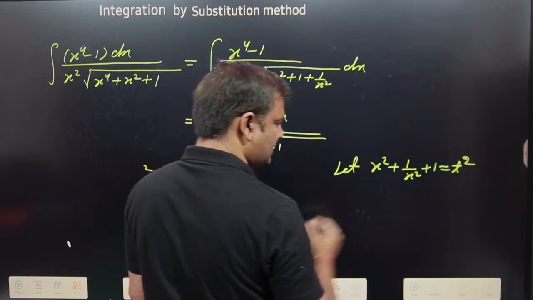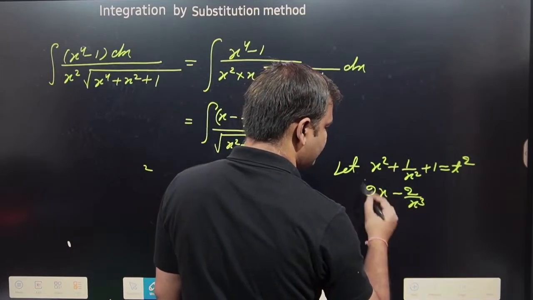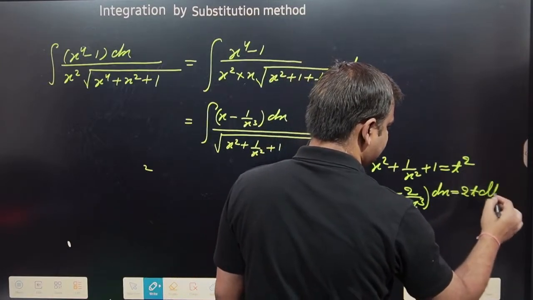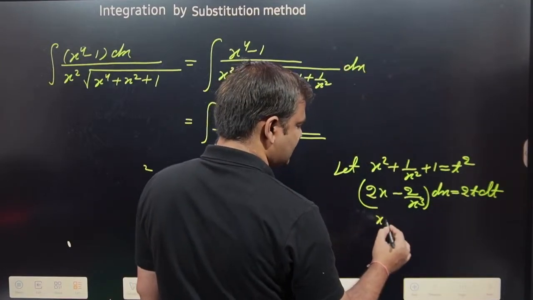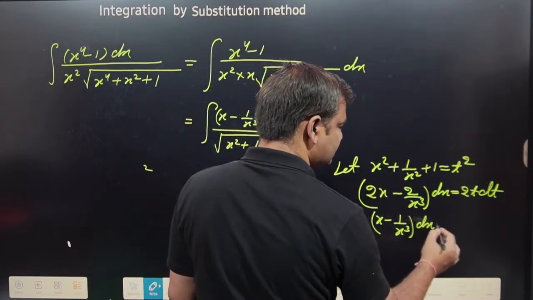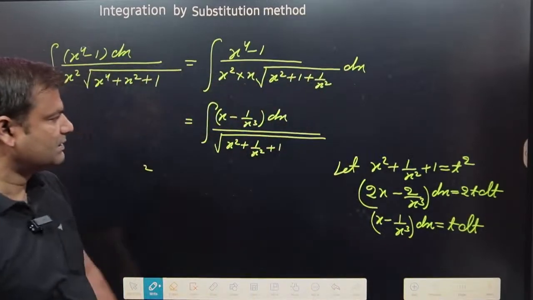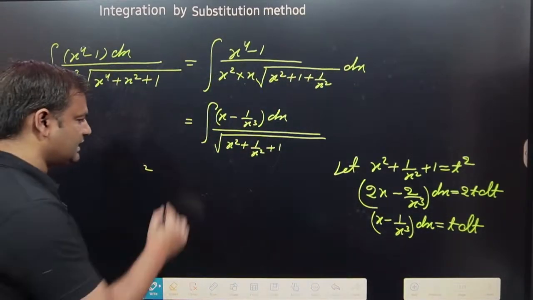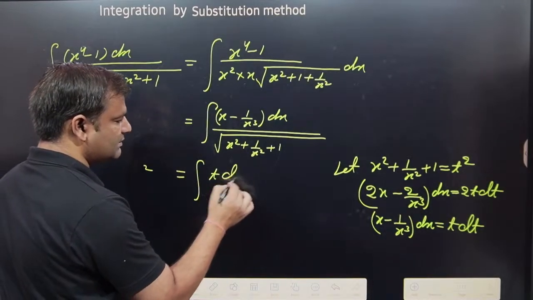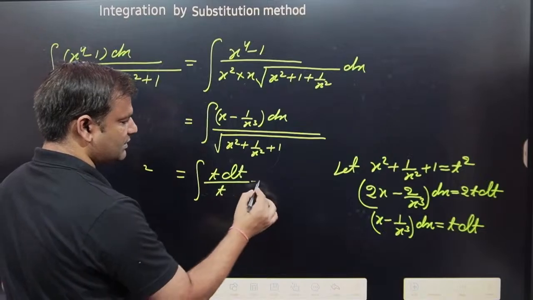Now differentiate both sides, then (2x minus 2 upon x cube) dx equals 2t dt. So x minus 1 by x cube dx is written as t dt, divided by the value, simply t.